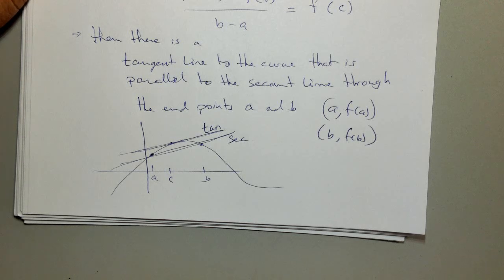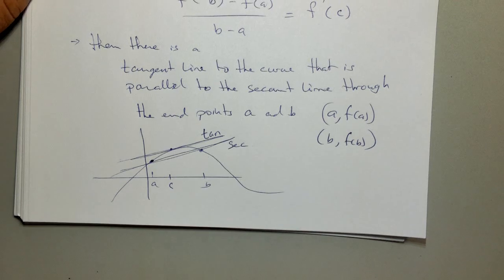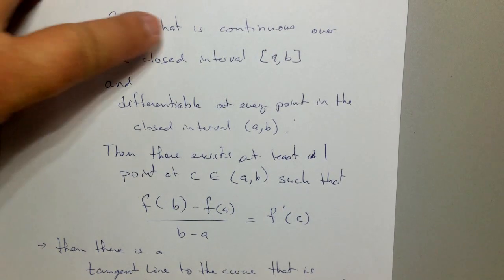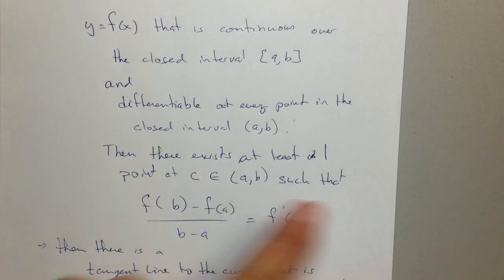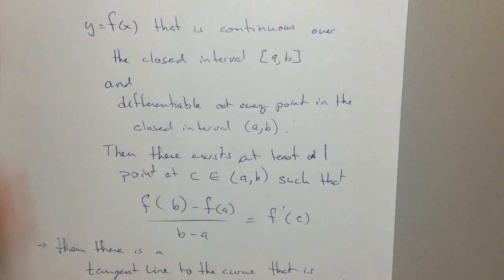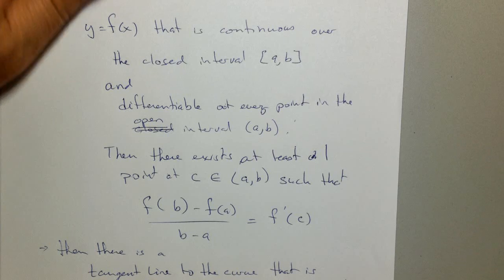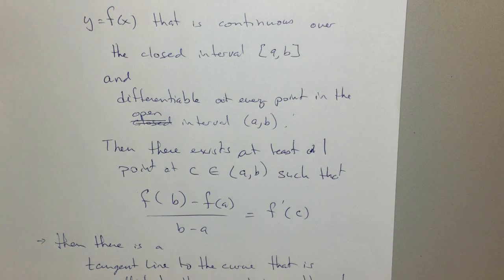Look at the definition of the mean value theorem again. Suppose that we have a function f of x, it's continuous on a closed interval, and differentiable at every point on the open interval AB.